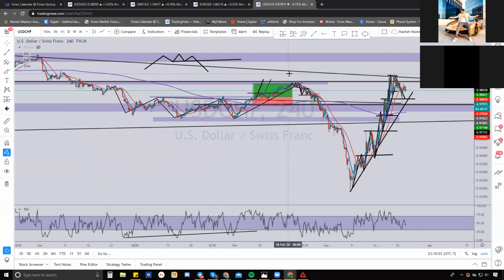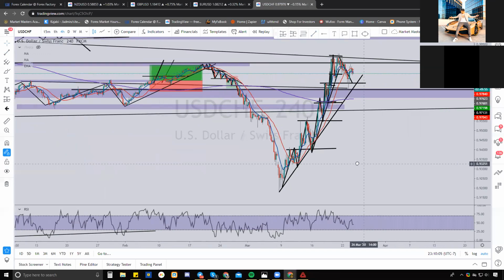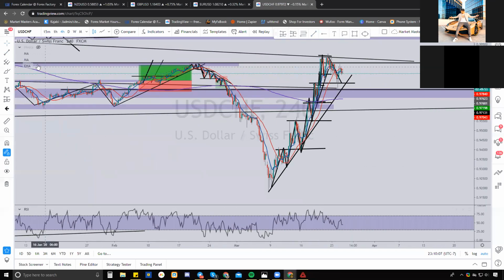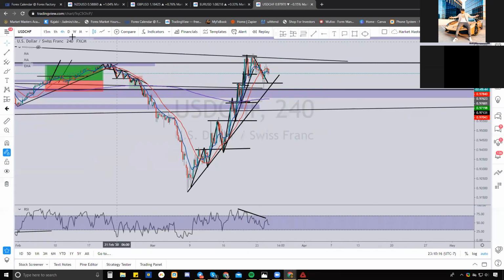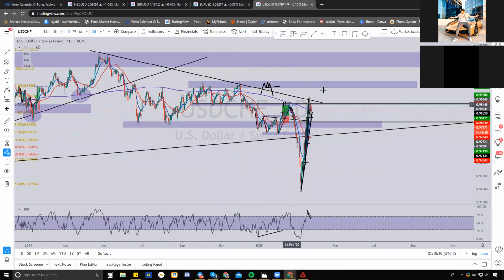Now, based off of what I see here, there is a divergence going on in this area while price is going up. So price is expected to get weaker. The thing is, we need to see how much weaker it's going to get.